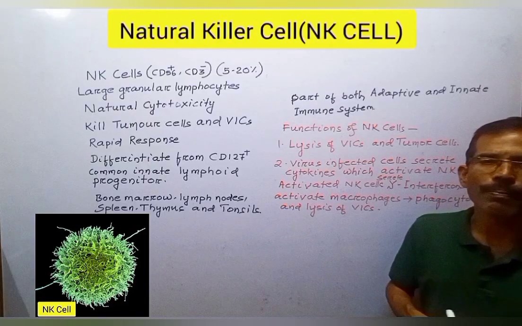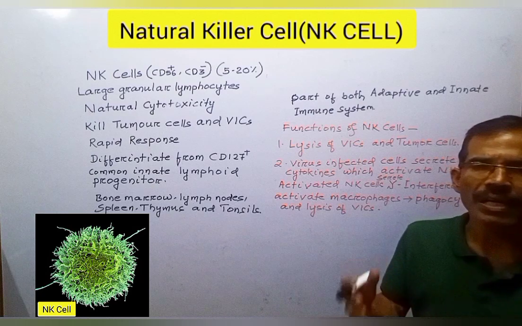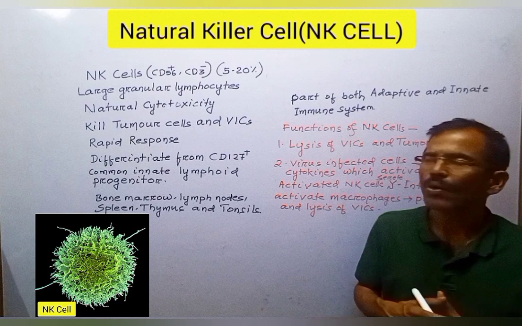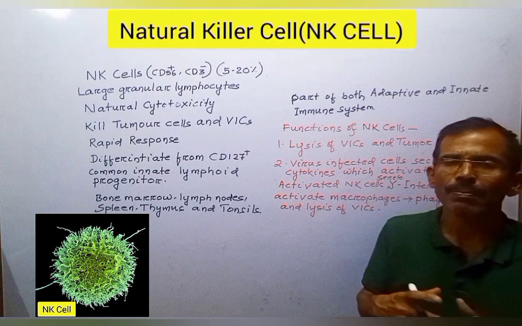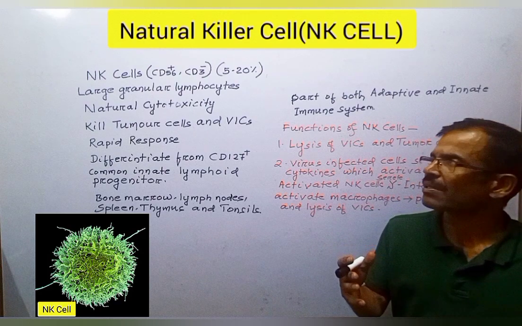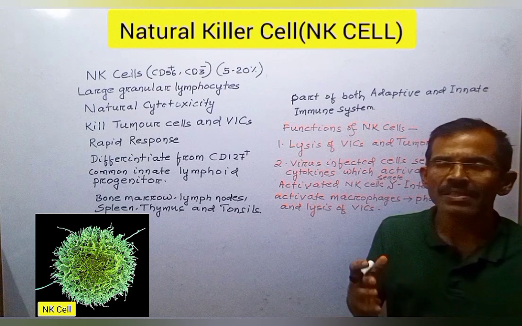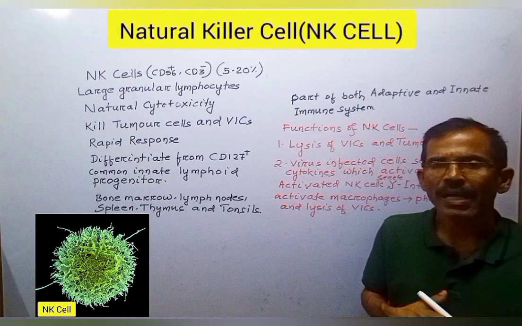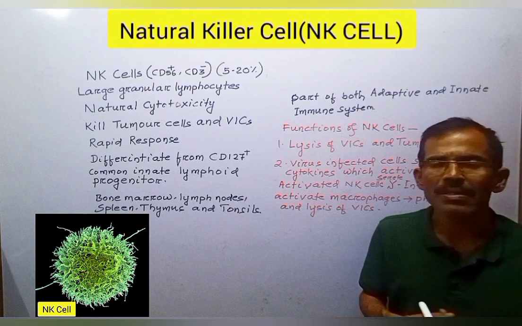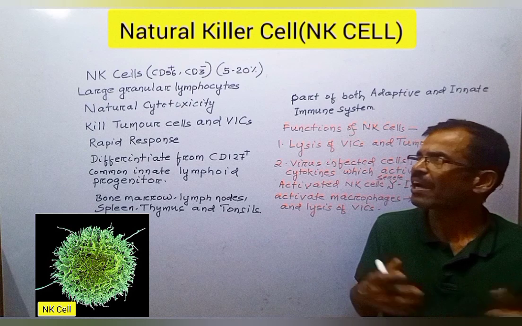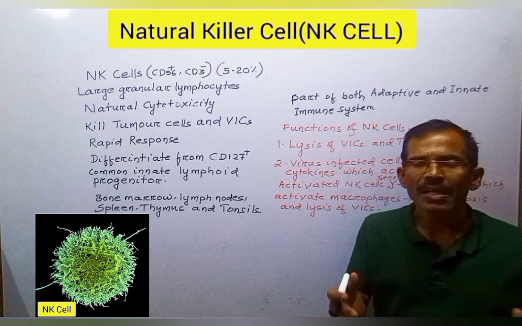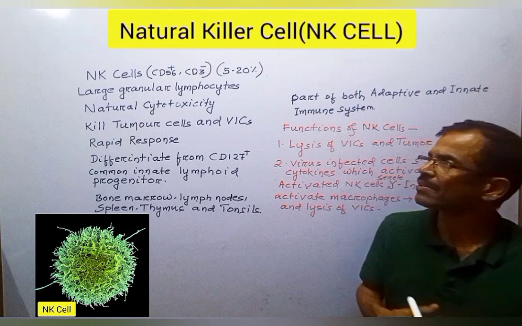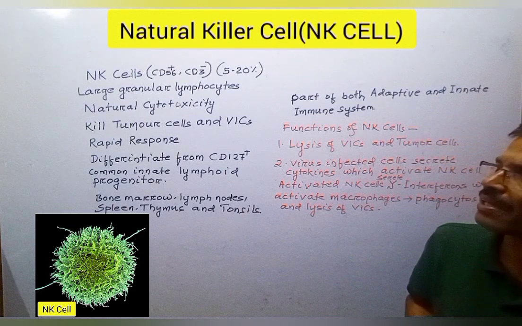Another cellular component of innate immunity is natural killer cells or NK cells, which are characterized by the presence of surface markers such as CD56 and by the absence of CD3. They account for 5 to 20% of the circulating lymphocytes. They contain large granules, hence NK cells are also called large granular lymphocytes.